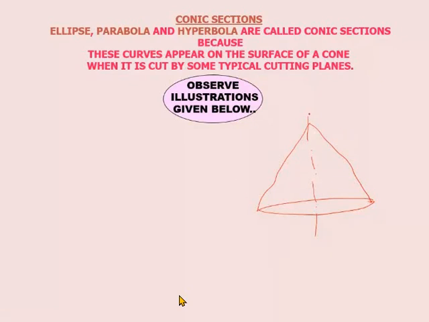So this is the axis, and these lines are called generators. There will be n number of generators on the circumference, and they help to form the cone. When you cut this cone with the help of a knife, that knife, in this subject, we call the section plane.